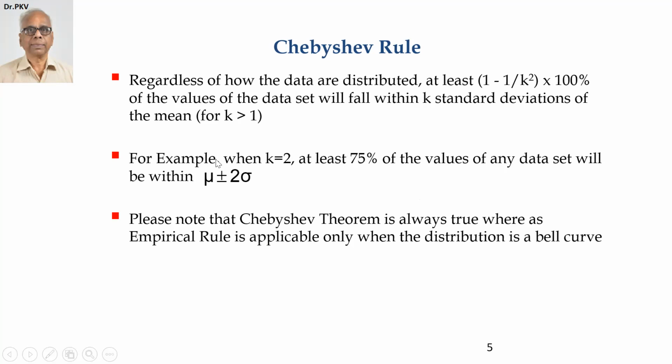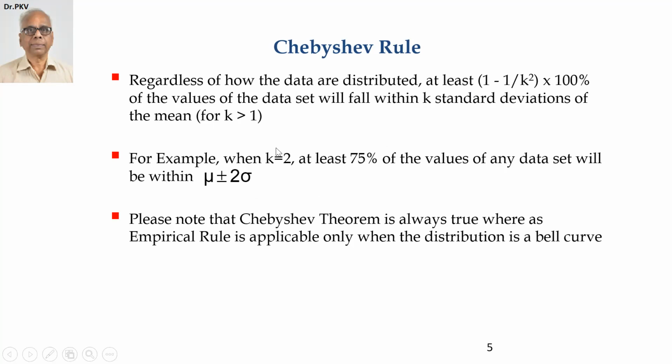This is the beauty of Chebyshev's rule. And if you take, for example, k is equal to 3, 1 minus 1 upon 9, which will be 8 by 9, approximately 89 to 90% of the data points will be within, it is at least, not approximately, sorry, at least 89 to 90% of the data points will be within mu plus or minus 3 sigma.